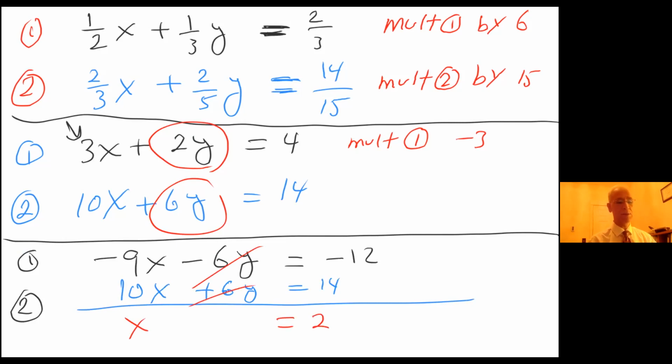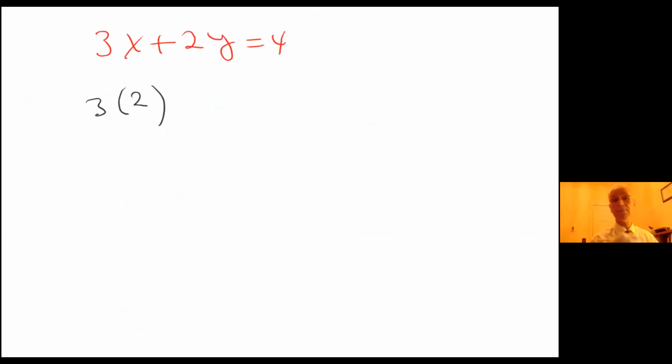Now I can use this 2 and plug it into any of the equations above. So let me go to the next page. One of the equations that I have is 3x plus 2y equals 4 from the previous page. So I'm going to use that and write down 3 times 2, because the value of x is 2, plus 2y equals 4.